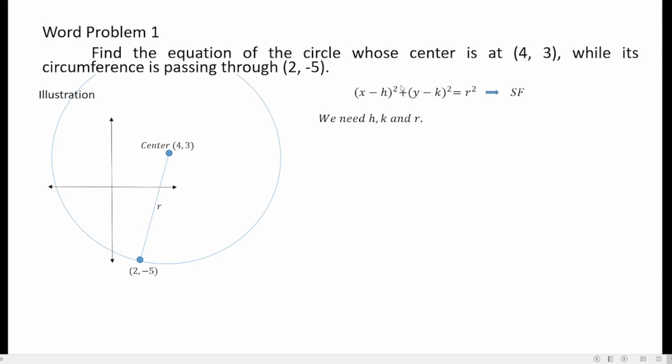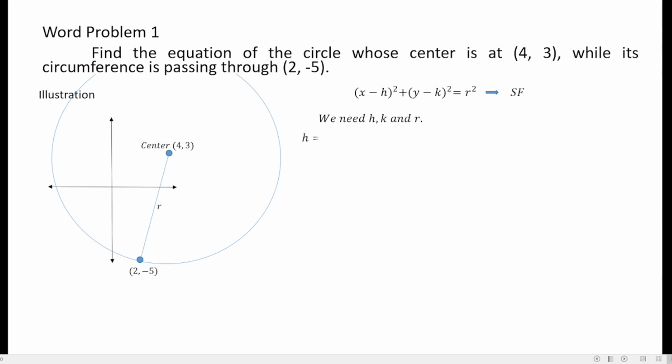So substitute the value of h, k, and r, and then do algebra, and you will get the general equation. Because here in the problem, it says find the equation. It is not specific whether standard or general equation. If that's the case, always consider the general equation.